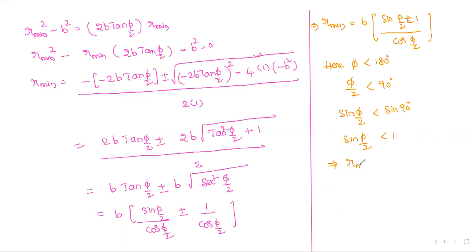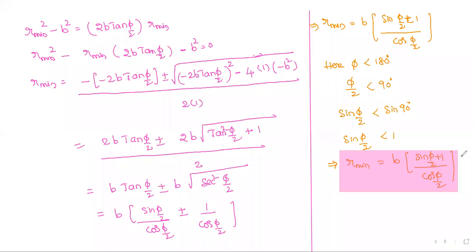That implies R minimum I am taking here b into sine phi by 2 plus 1, by cos phi by 2. This is the final formula. You can leave it like this, and you can rationalize also.